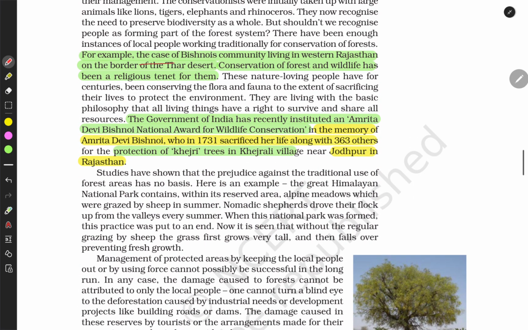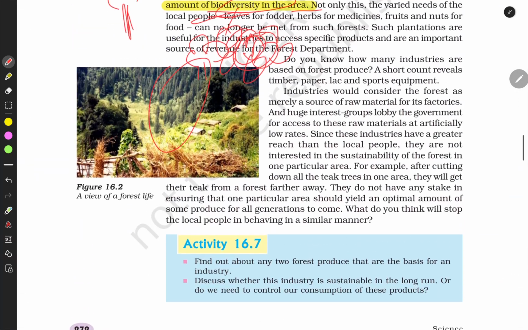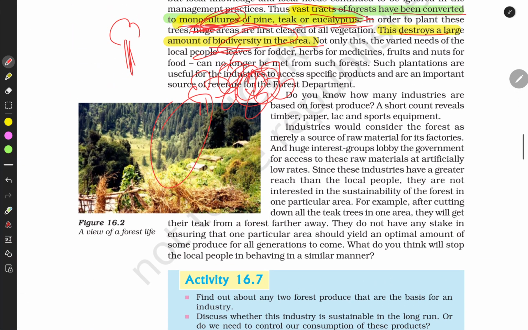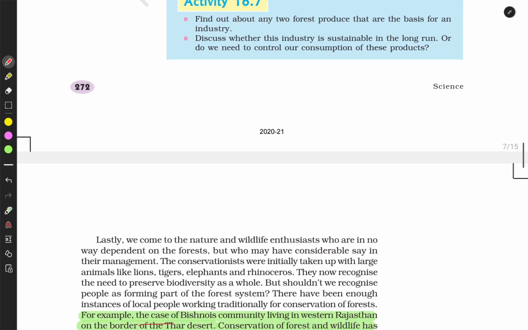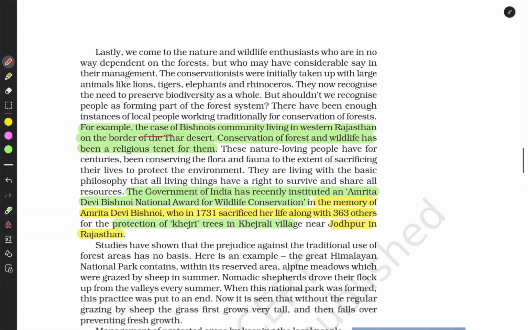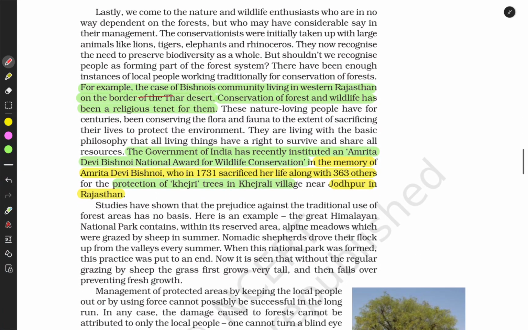There are some conservation movements, like during the British time, when they were destroying the forest for timber. So there was a conservation movement which rose in India. And the first one is the Bisnoi movement.